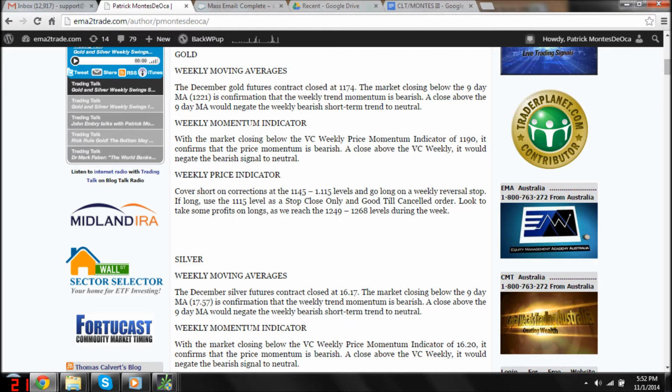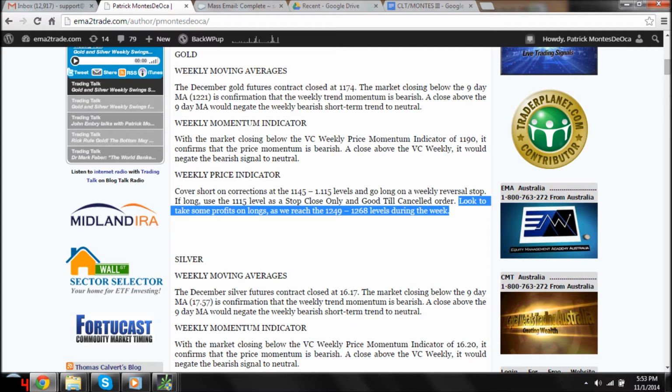If we go long anywhere in this vicinity, use the 1115 as a stop level on a good till cancel order on a weekly basis. If you do go long at these levels, the market comes down to these levels next week, and you go long here, look to take profits at 1249 to 1258, 1268, excuse me.